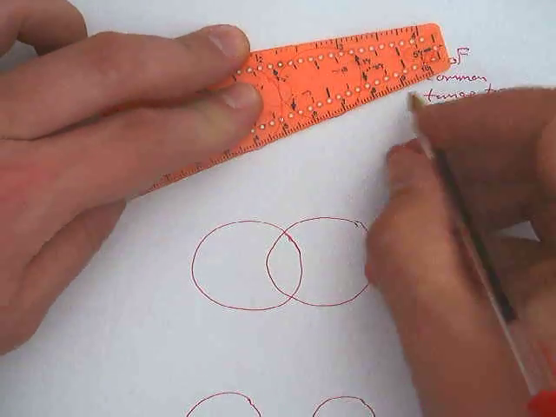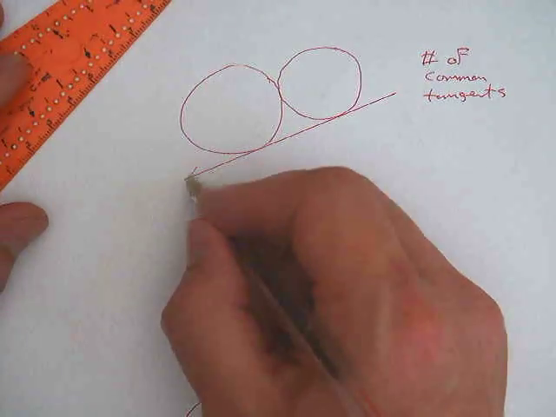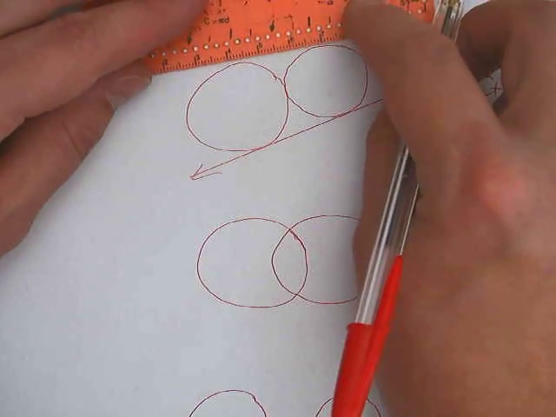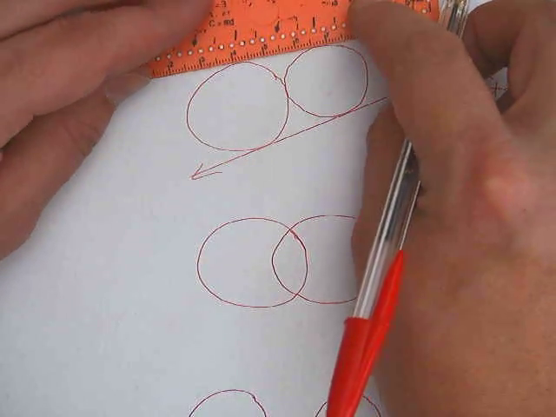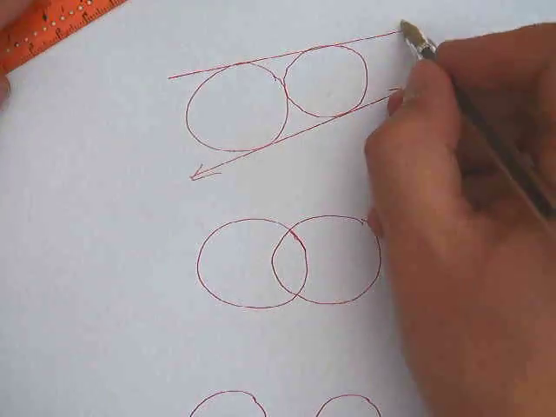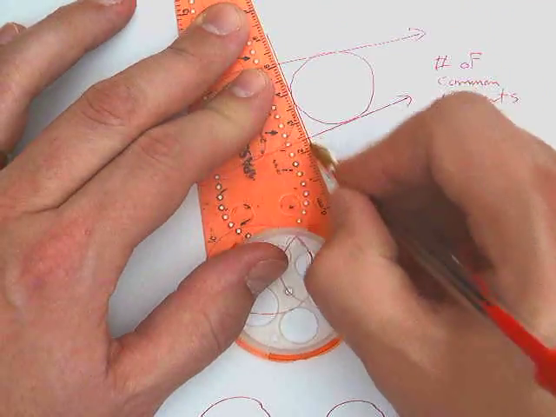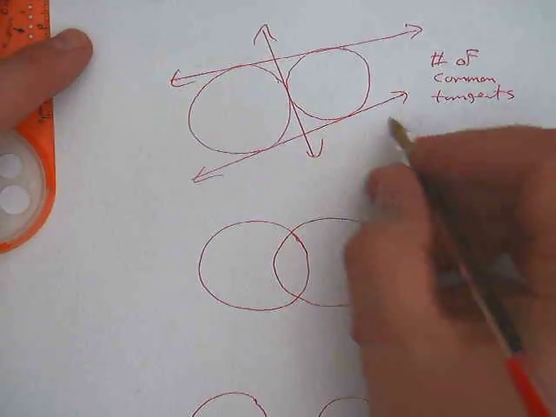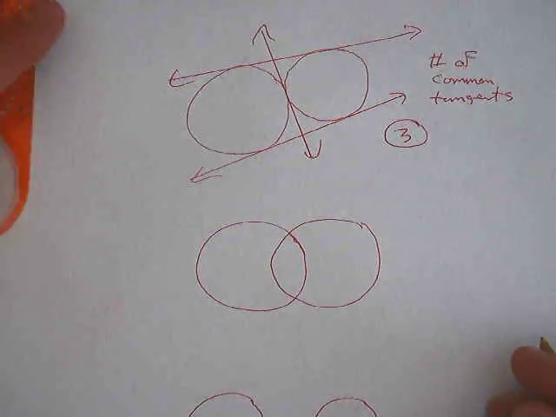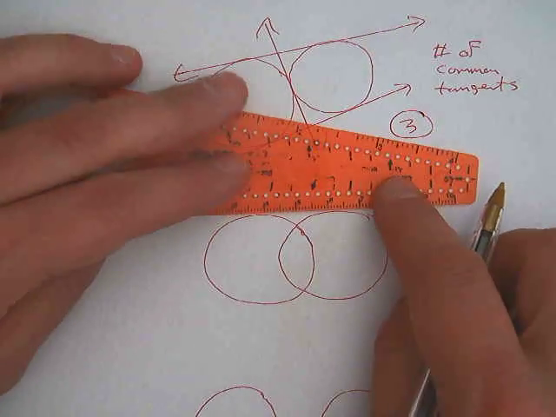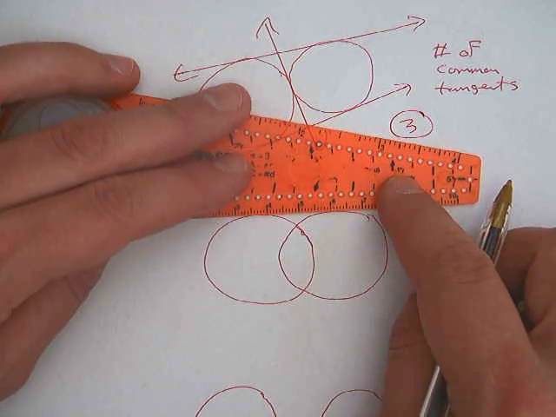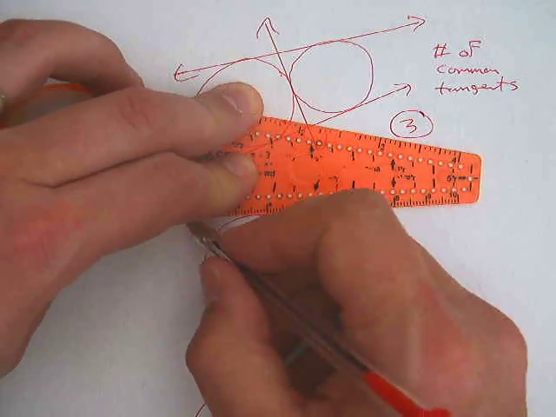That means it intersects both of these circles in one point each. So I could draw one like this, one like this, and one like this. So these two circles would have 3 common tangents.